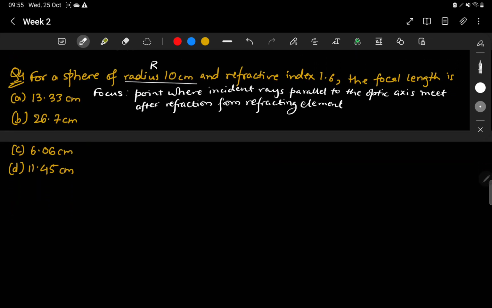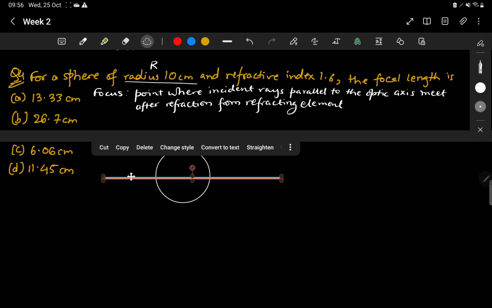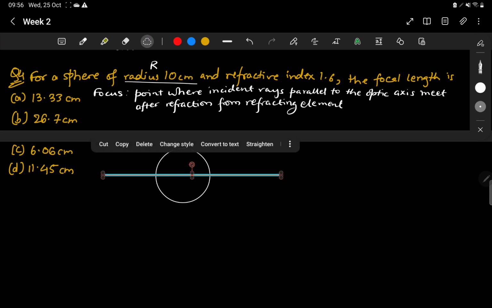So let us draw a sphere. That's my sphere. That's my principal axis or optic axis, passing right through the middle.